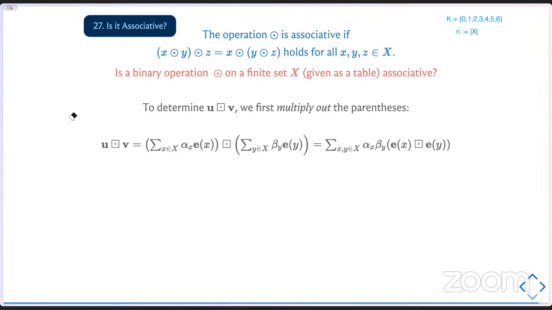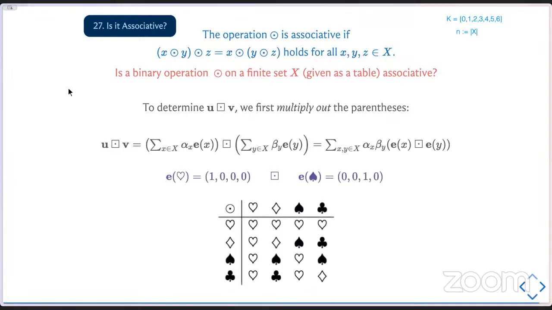Today, I might have an example on the slides as well, which I'm not making use of. Yeah, maybe I want to show you this. Suppose, for instance, X was hearts and Y was spades, and we're trying to define this. We know that hearts and spades multiply to give us hearts again.